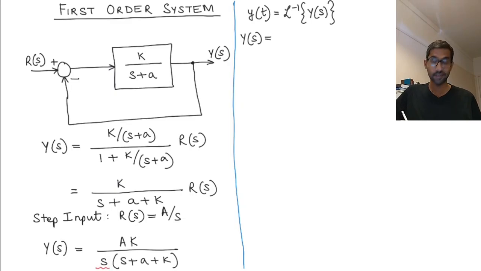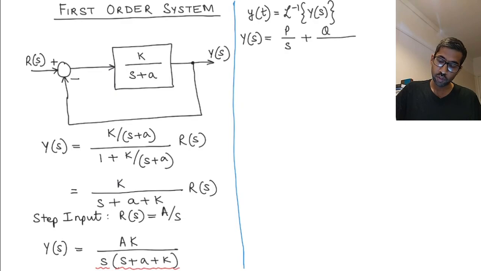One is s and another is s plus a plus K. So I want these two denominators to separate out. So I write this as P over s plus Q over (s plus a plus K). That is the form that I want my Y(s) to take.